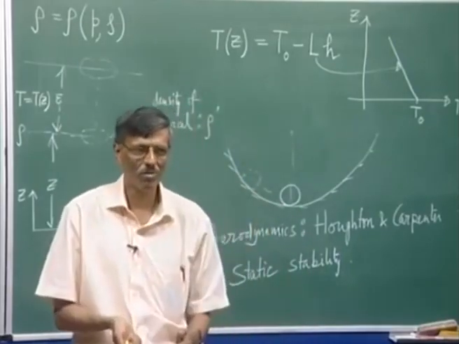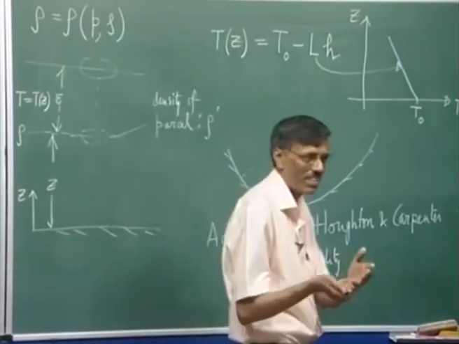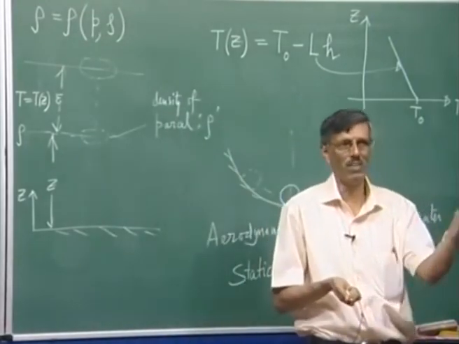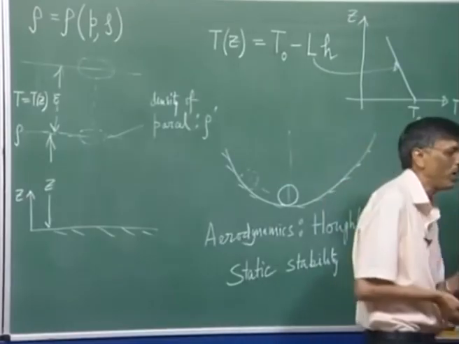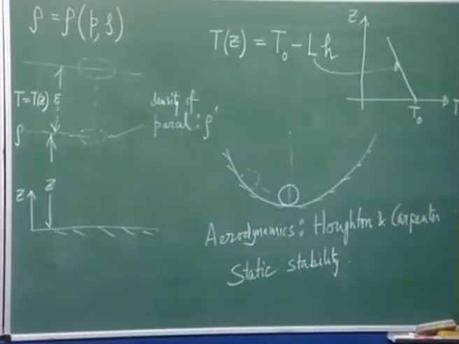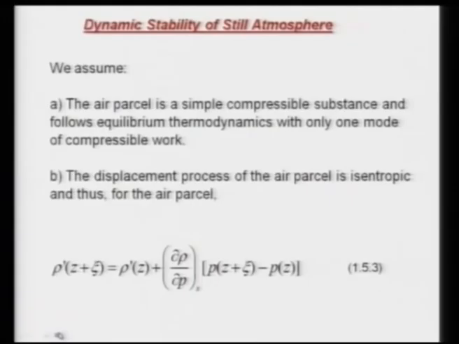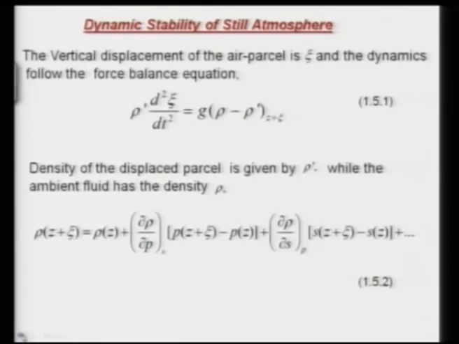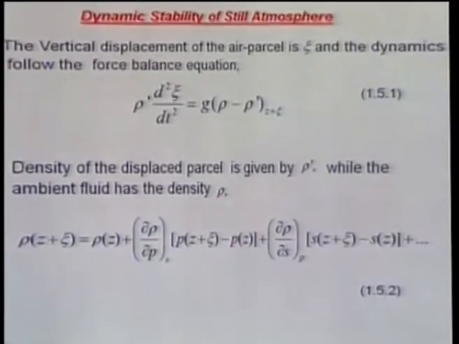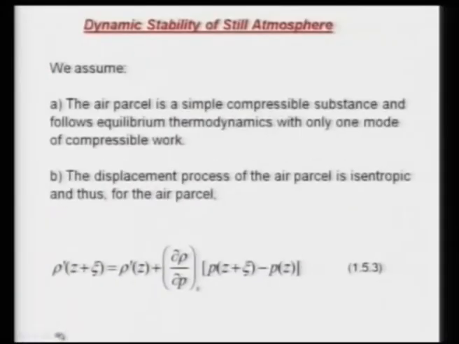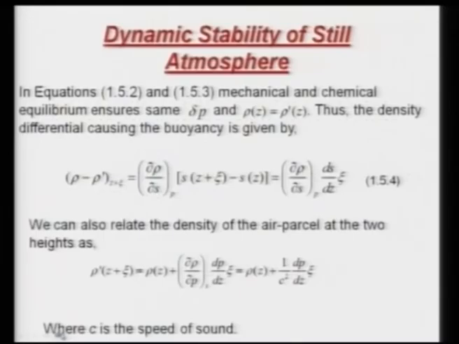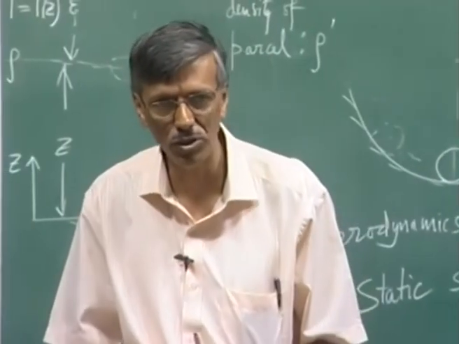It is almost like your flow visualization in a tunnel. You basically identify the same fluid, but just simply color it. So, here also we are doing that experiment. So, you can see that this is the variation that we see here for the parcel, and in the previous transparency, 1.52, we have seen the variation of density of the ambient air. So, now what we could do is we could calculate the driving force that was proportional to rho minus rho prime into g, right.